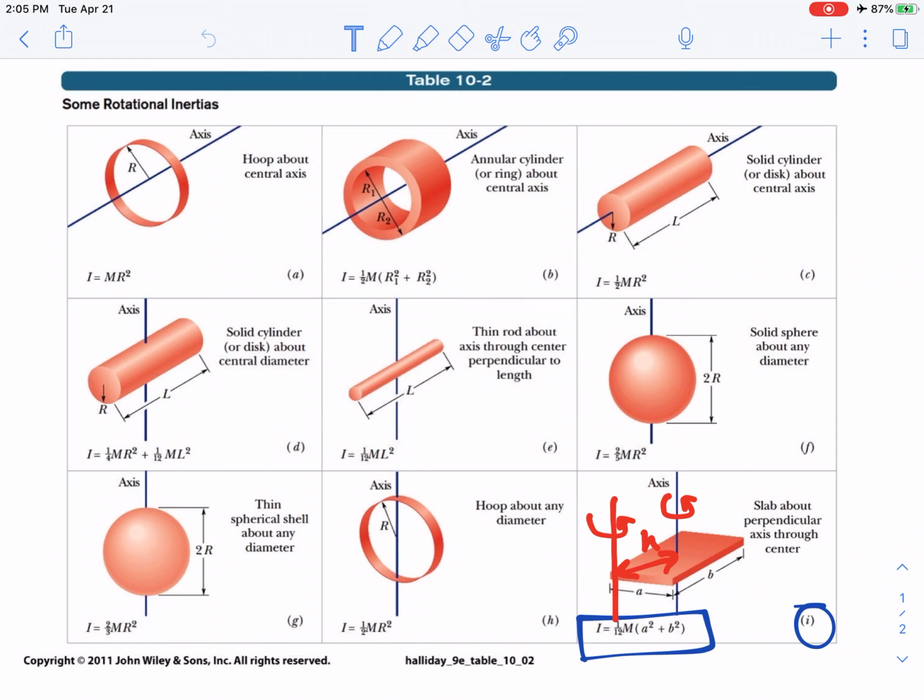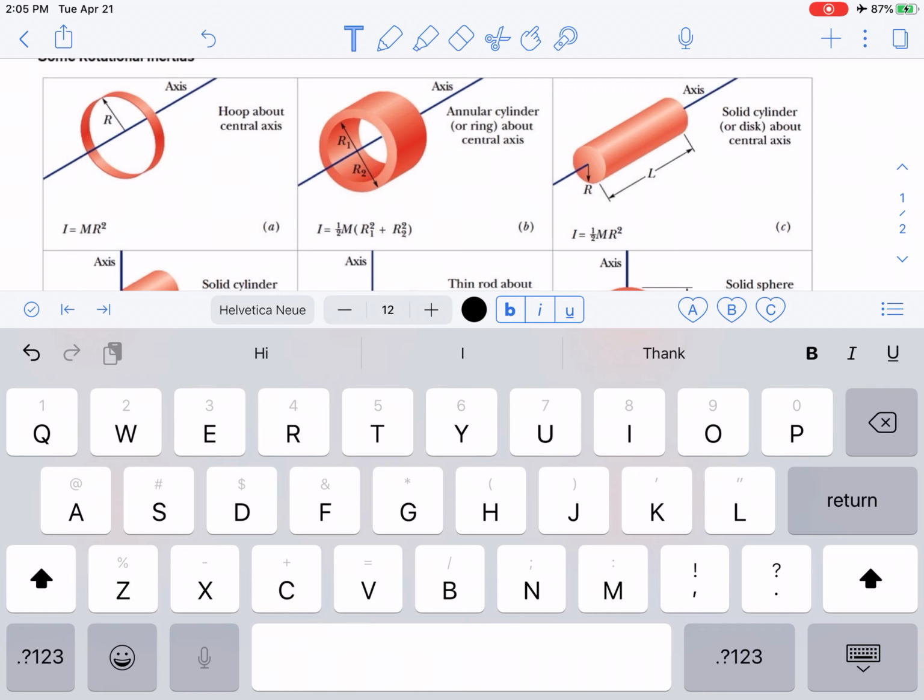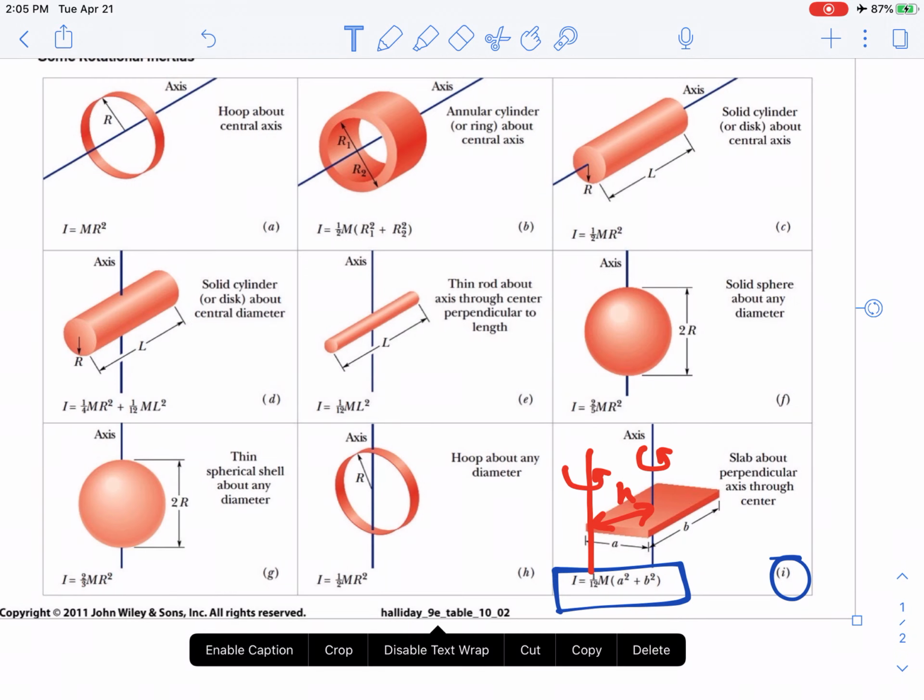You can think about it as a cylinder as well, or make it a little bit thinner, so make it a ring. Next one is a solid cylinder or a disc. So you can make that L really small and it becomes a disc, right? And this is rotated around the central axis.